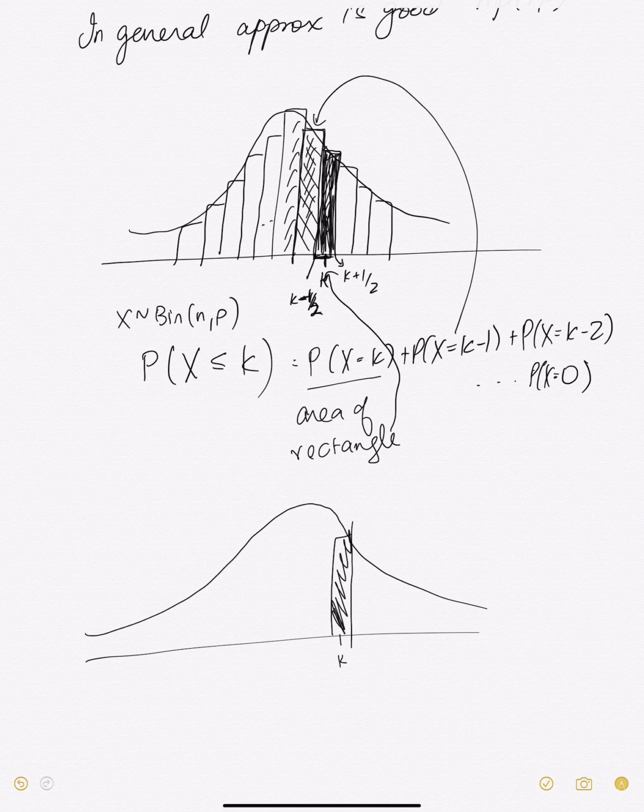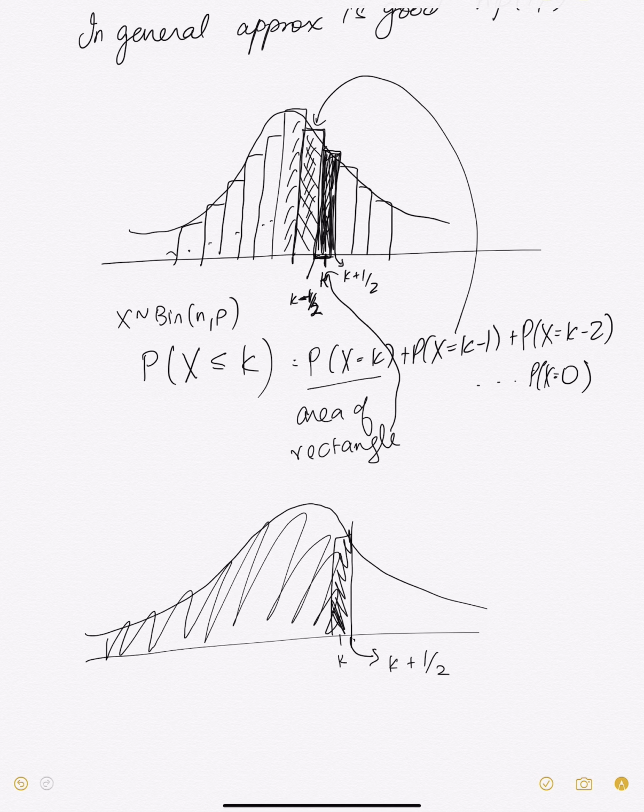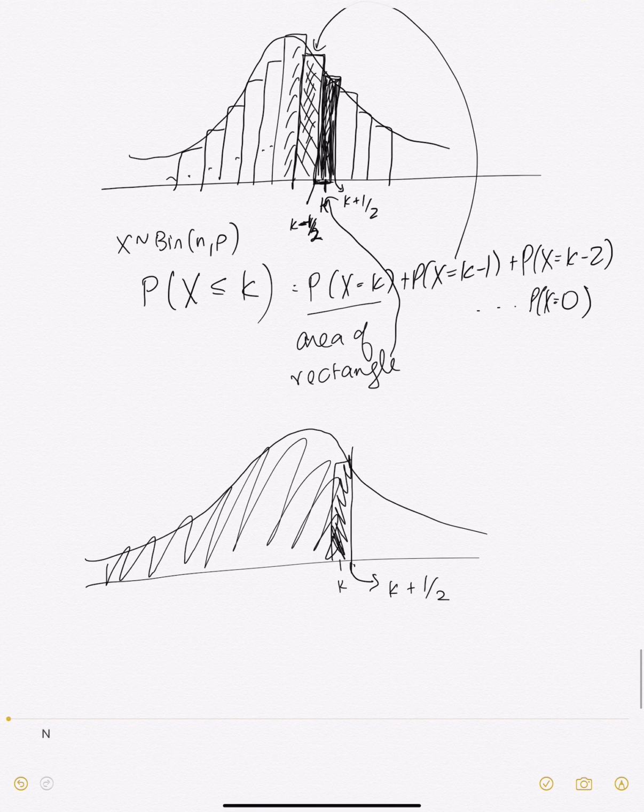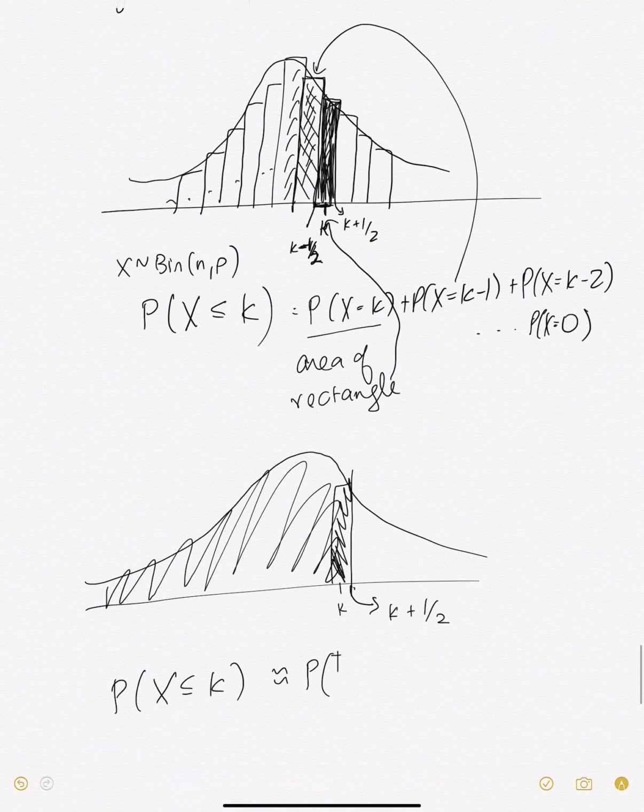Instead of adding up the areas of all these bars, I can just look at the area under the normal curve to the left of k plus a half. So you can say that the probability that X is less than or equal to k is approximately equal to the probability that this normal random variable, which I'll tell you what it is, is less than or equal to k plus a half.